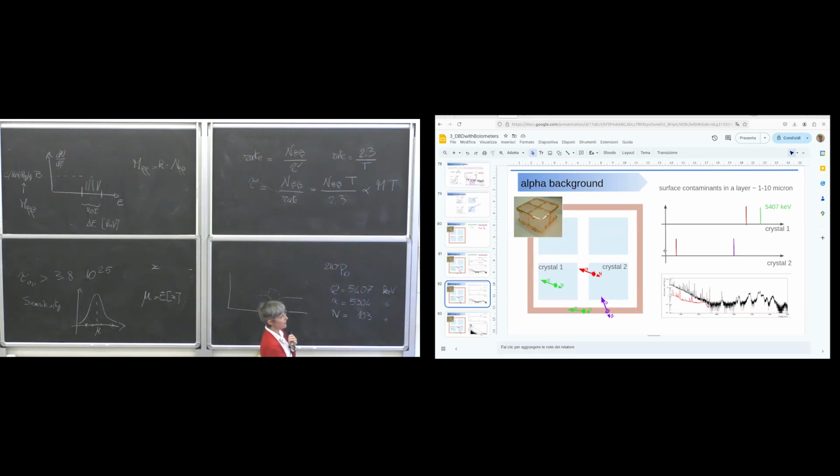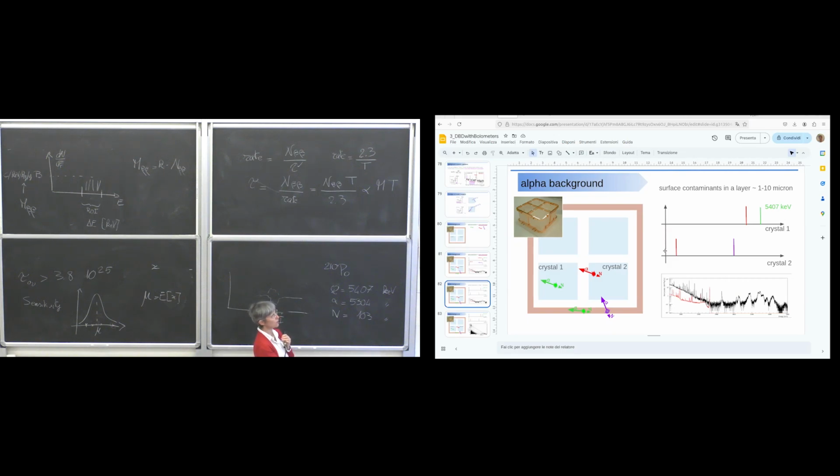So this flat background is due, in part, to this kind of event, deep surface contamination on crystals. But most of these events are removed if I only accept what I call multiplicity one events.